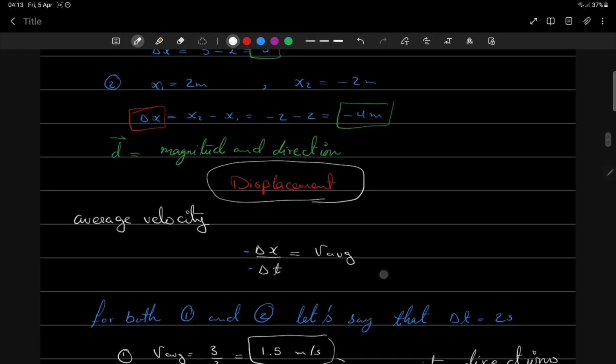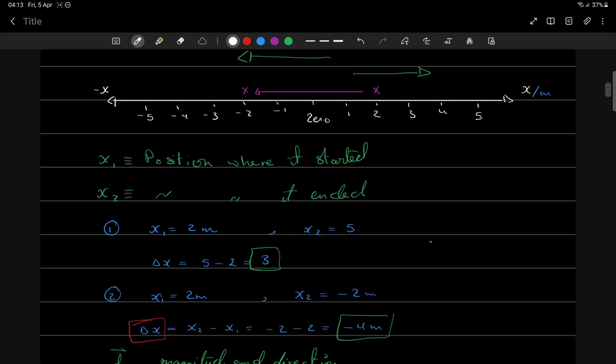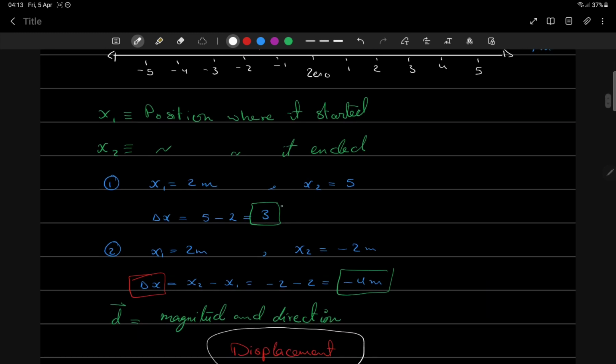So if we go for the last example here, and again take the time interval to be 2 seconds, the average speed here is going to be the total distance covered, which is 3, divided by 2, which is 1.5, just as the velocity, by the way.